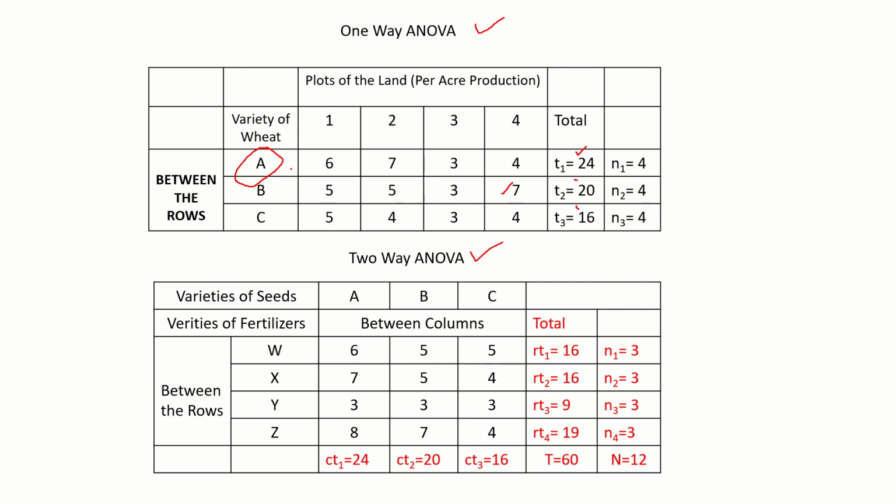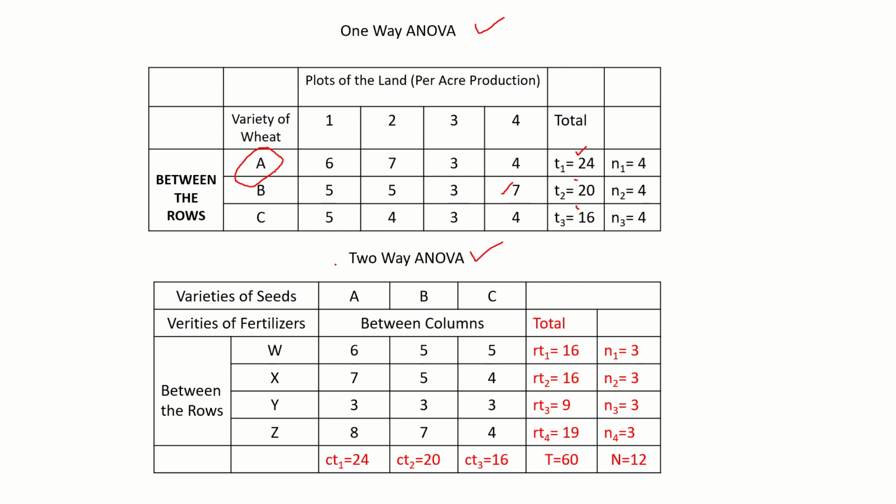These seeds were sown in 4 different lands and there is a mean value for this. So, obviously, there is a mean value for seed A, for seed B and for seed C. Whether there is a significant difference in the productions of seed A, B and C as far as mean value is concerned, we checked that in the previous lessons.